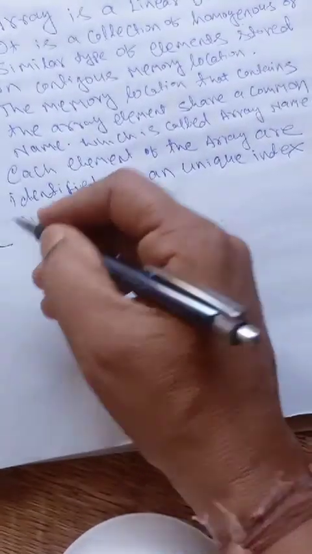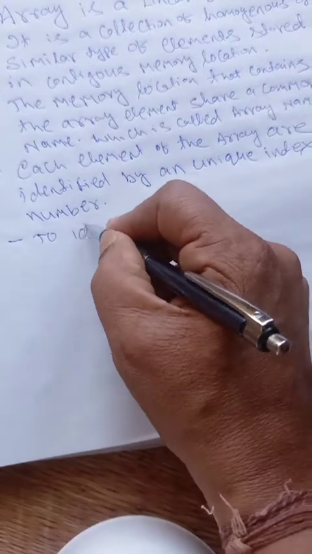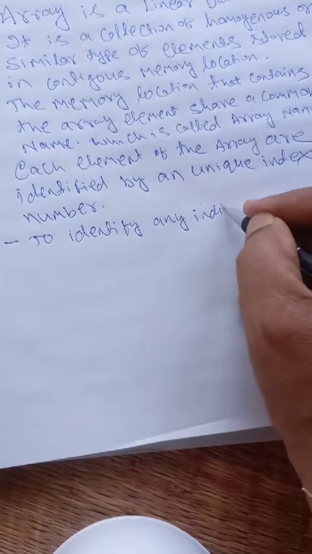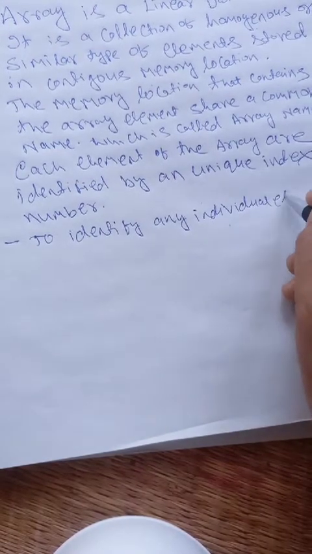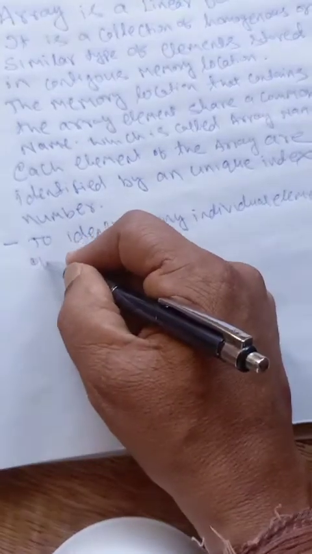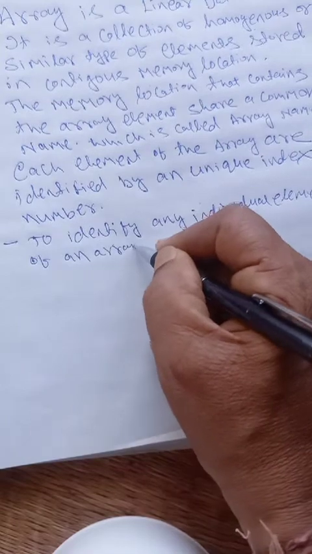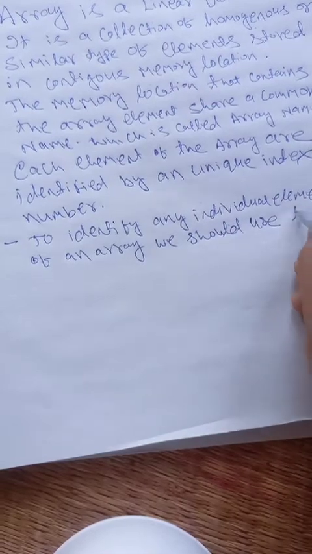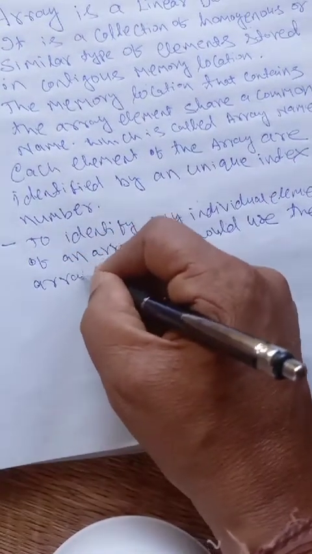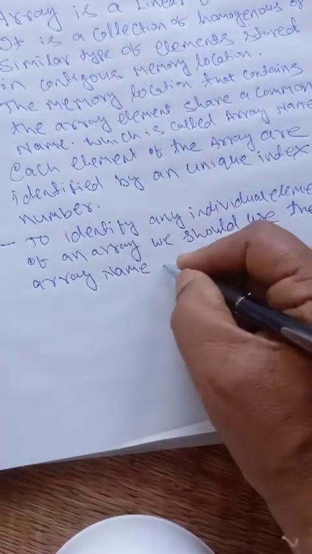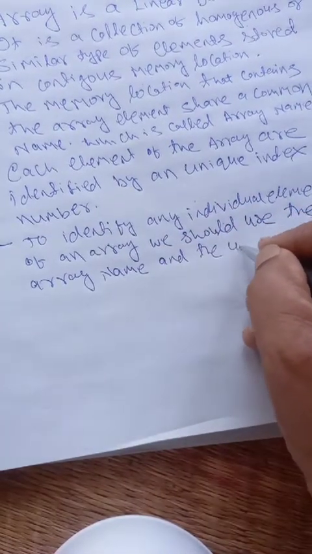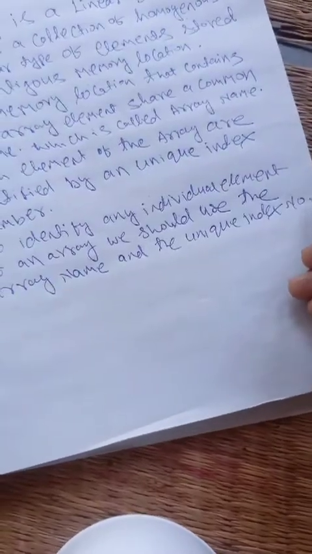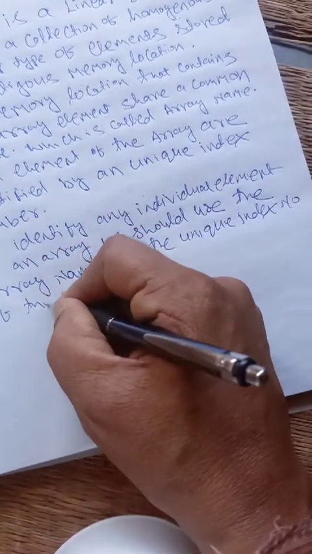So to identify any individual element of an array, we should use the array name and the unique index number of the element.